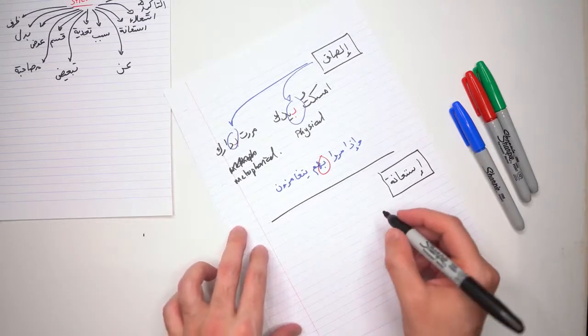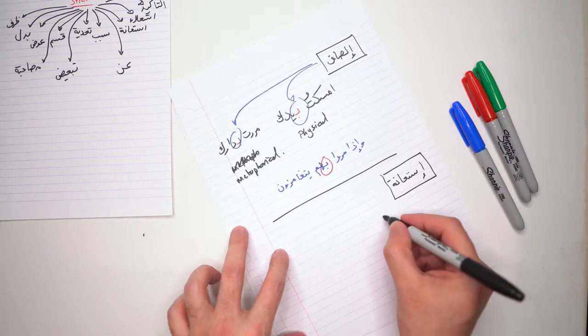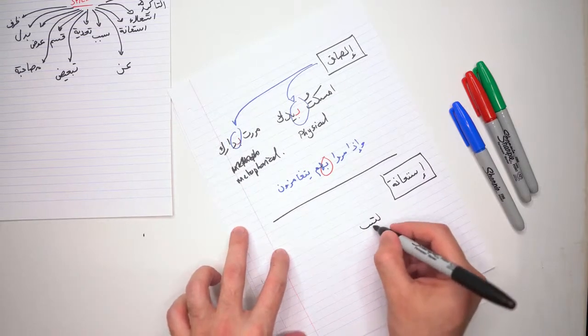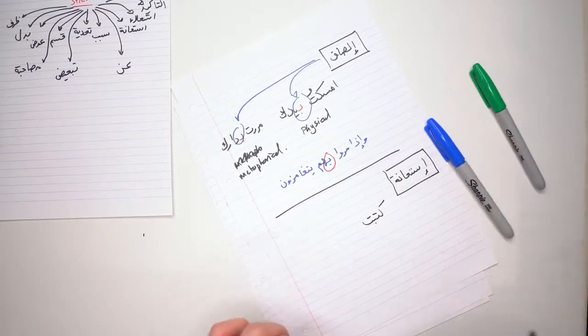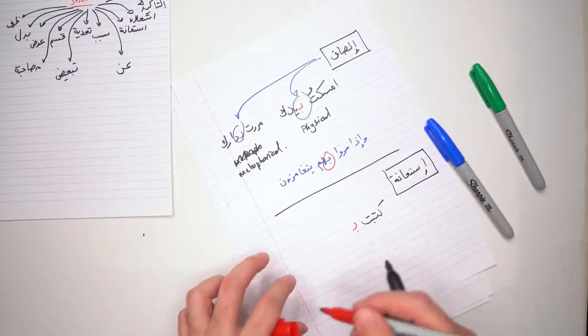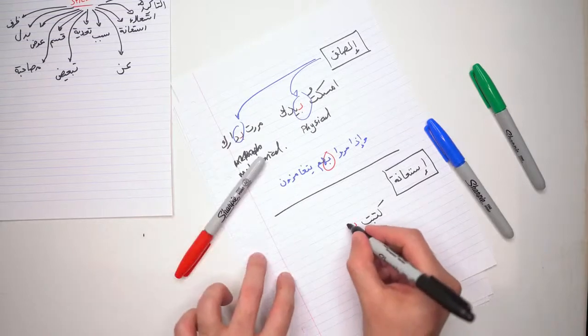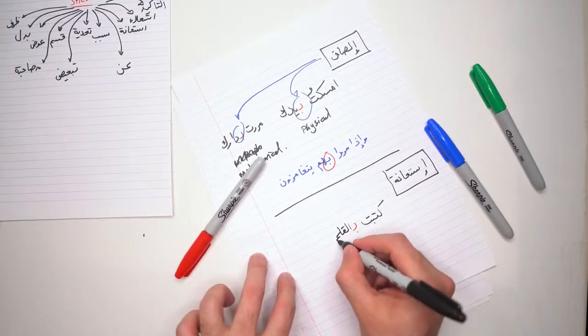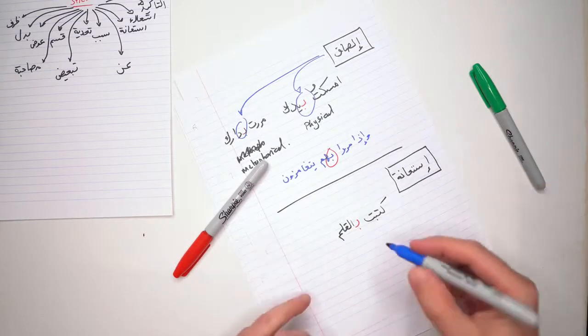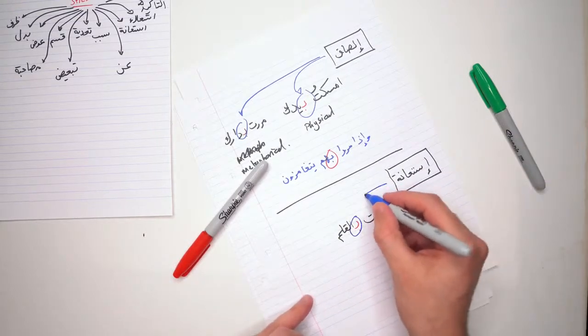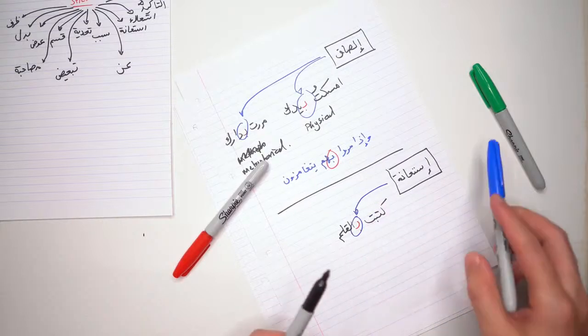So for example, if I say katabtu bil-qalam. Notice over here, what have I used? I've used a ba over here.